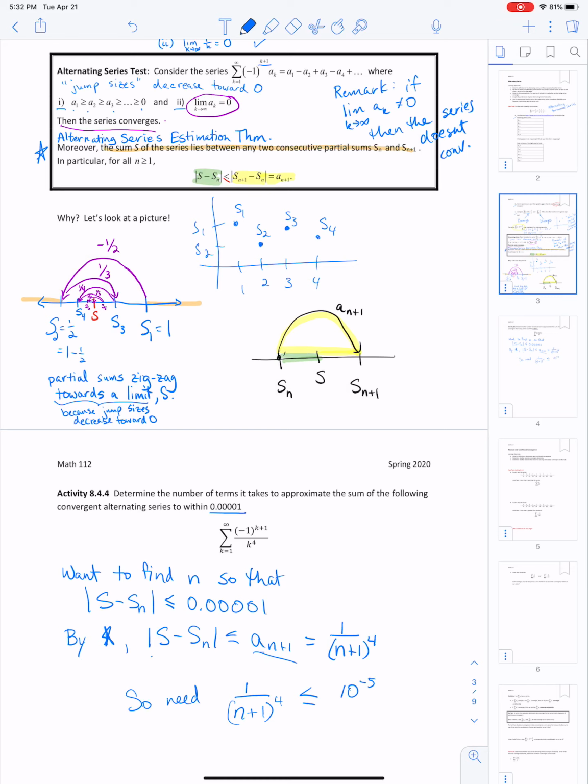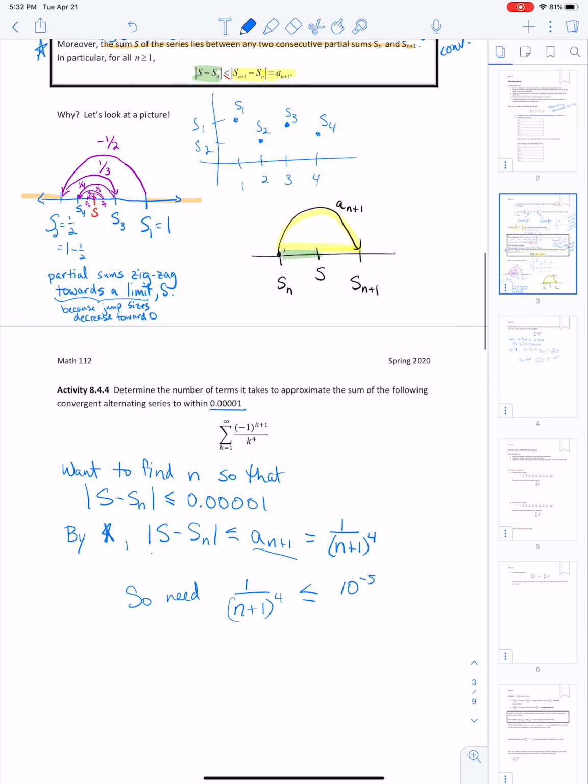And so if we solve this, we end up with (n+1) to the fourth is greater than or equal to 10 to the fifth, right? And then we can take the fourth root of 10 to the fifth.